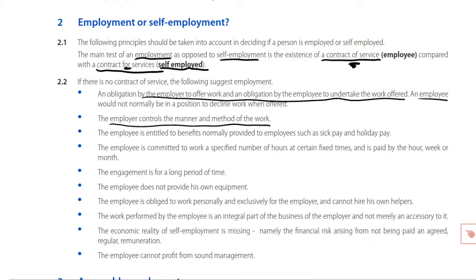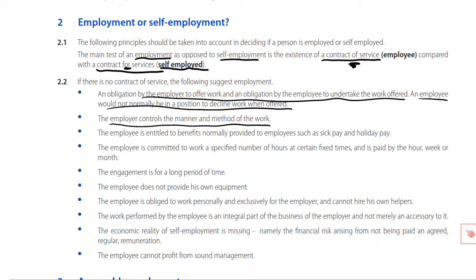An employee would not normally be in a position to decline work when offered. If you're self-employed and someone offers you work, a client there, you don't have to take that. If the employer tells you, I want you to do this, you do it. Otherwise, you go get another job. So again, very obvious statements about what would represent employment as compared to self-employment there.